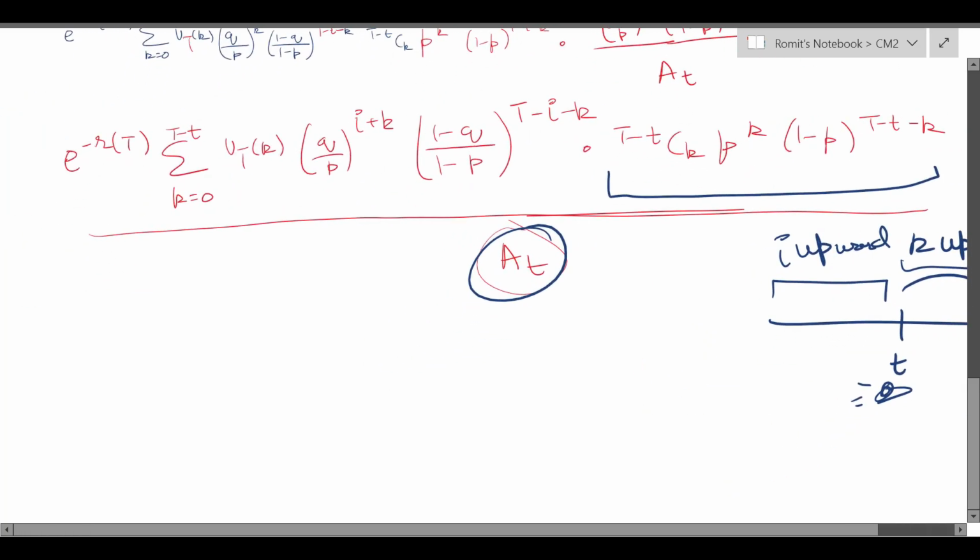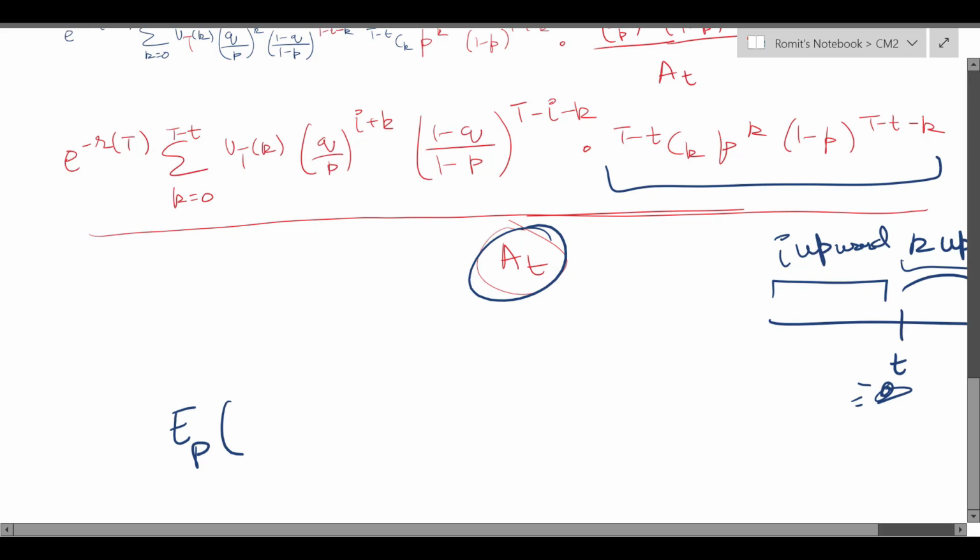So what can I write the numerator as? I can write it as an expectation under the real world probability, because you have the real world probability of k upward movements occurring in the future, which is this whole thing, (T minus t) C k, p to the power of k, (1 minus p) to the power of T minus t minus k, right?